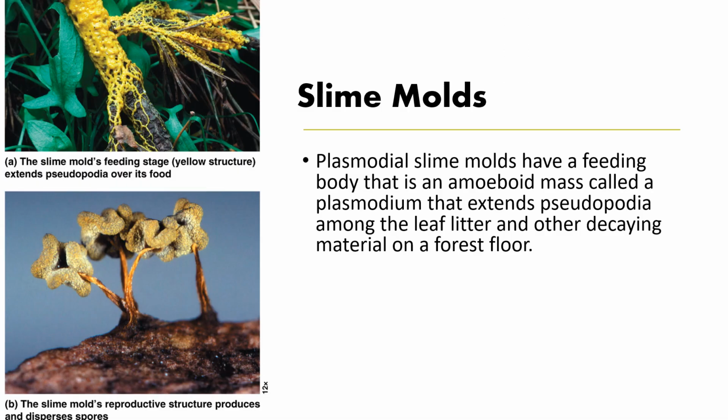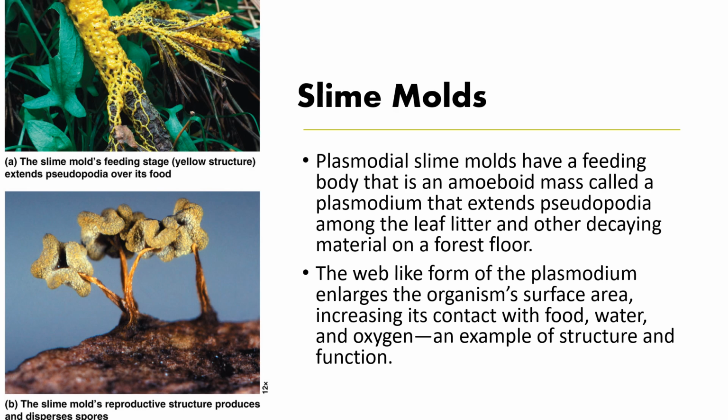This plasmodial slime mold has a feeding body that you can see in the upper left-hand corner, this yellow kind of mass. And so it's an amoeboid mass, which kind of means it looks like an amoeba. And it will kind of have these pseudopodia that will then kind of extend out into leaf matter and decaying material on the forest floor.